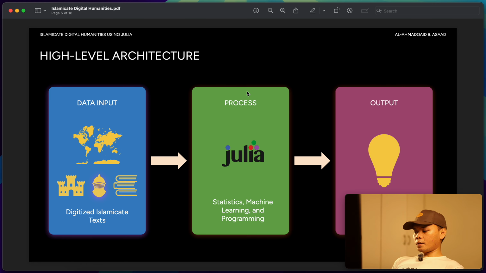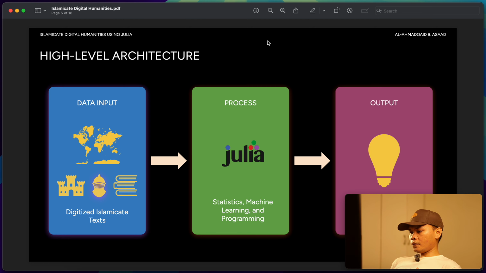Which is very, very efficient compared to a human being, right? So this is how I would describe the benefit of studying this topic.